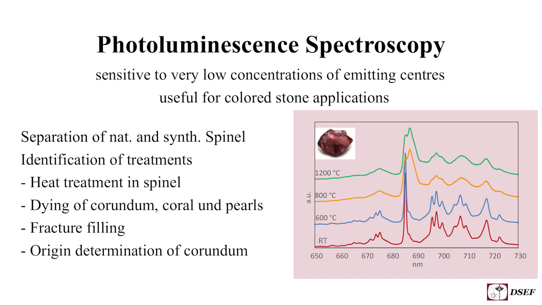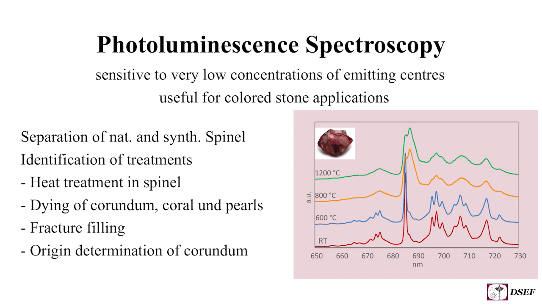This is the chromium luminescence spectrum of an untreated spinel, and with increasing temperature, these luminescence bands broaden, and the maxima of the luminescence bands are also shifted towards longer wavelength. So that's actually the only method with which you can identify the heat treatment of spinel.